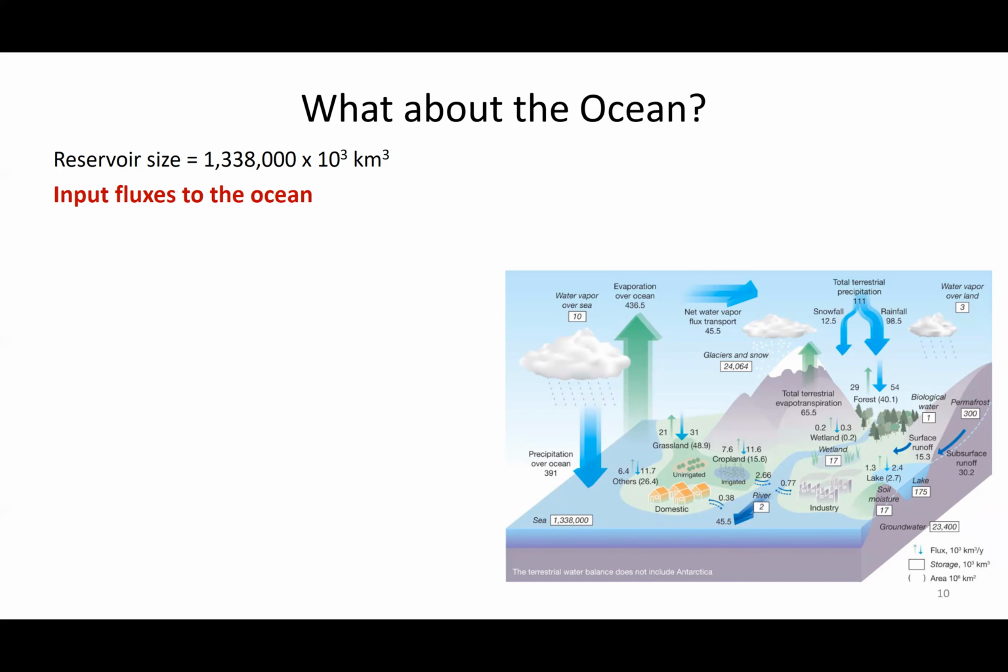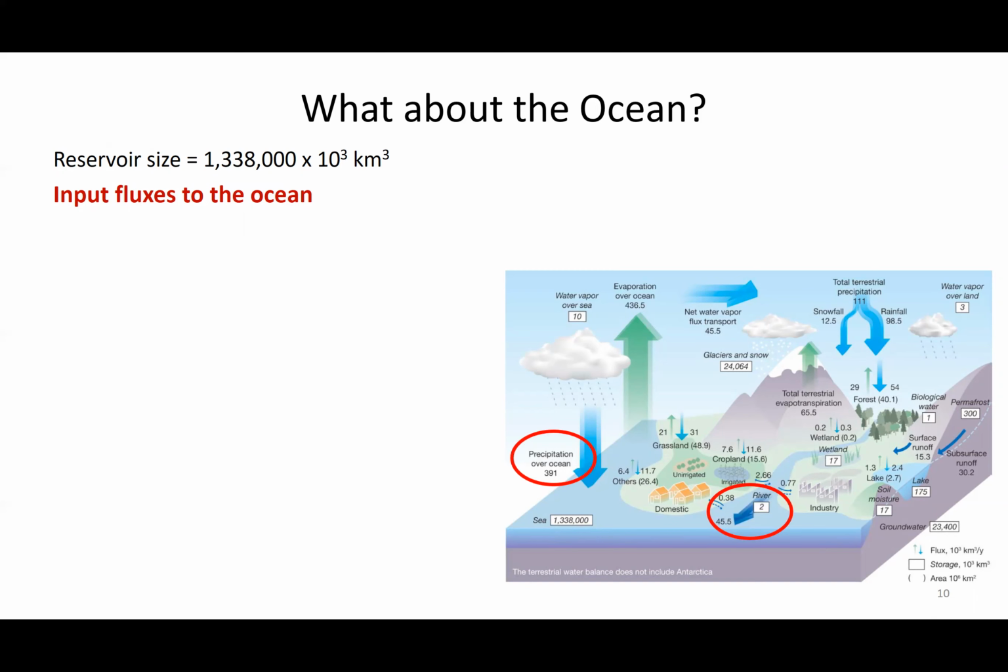There is another input flux to the ocean, and that is the riverine input. So the water that flows down the rivers off the land into the ocean is another major flux into the ocean.